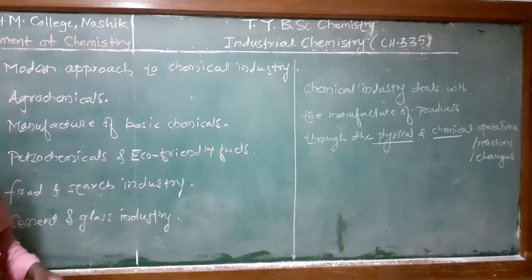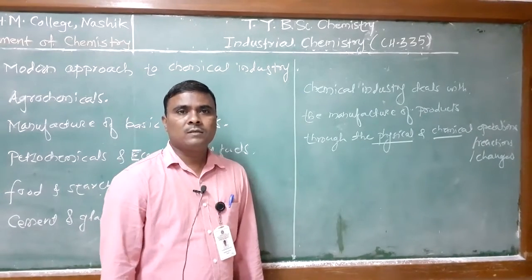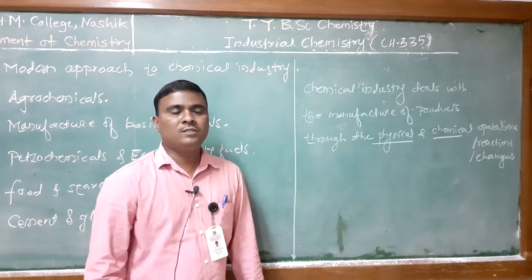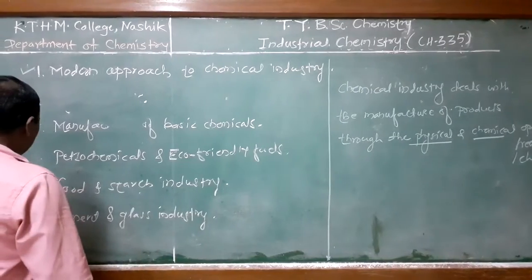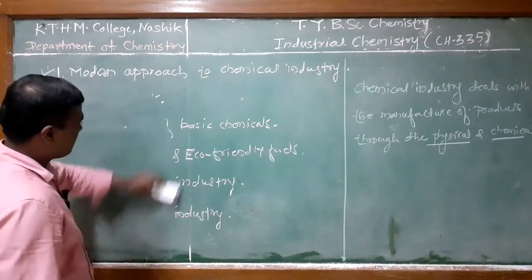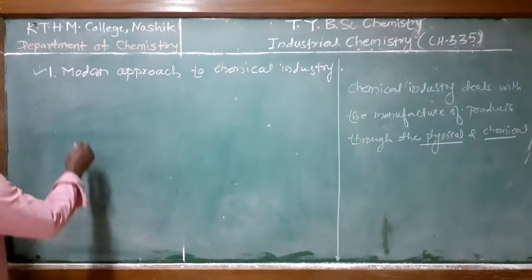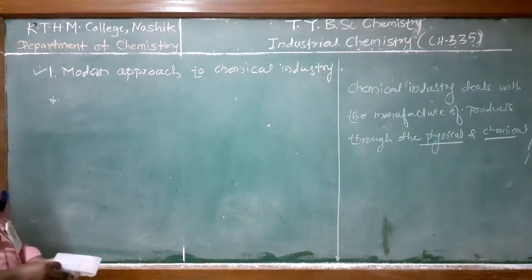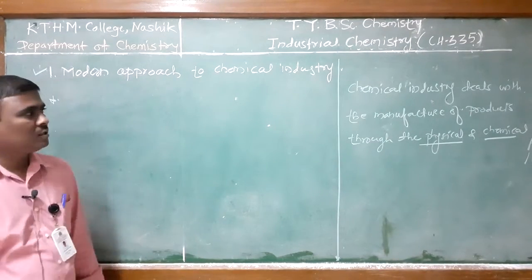Now we will see what we are going to discuss in detail in each chapter. In the first chapter, we are going to discuss what are the basic requirements of chemical industry.